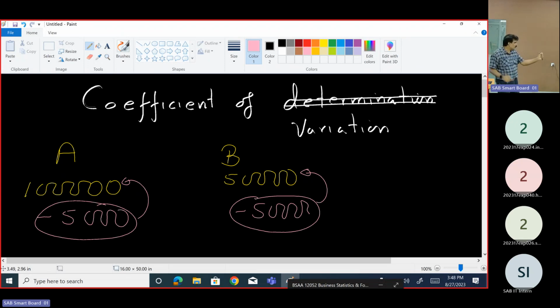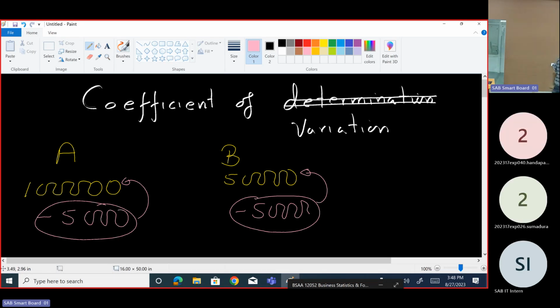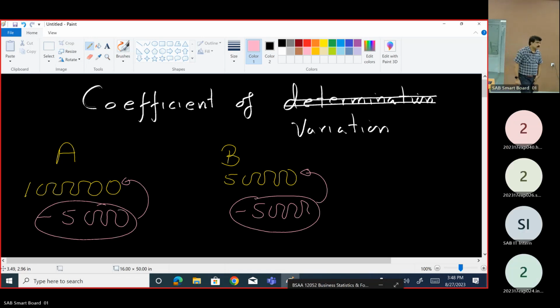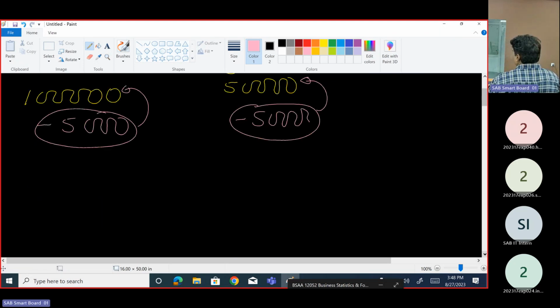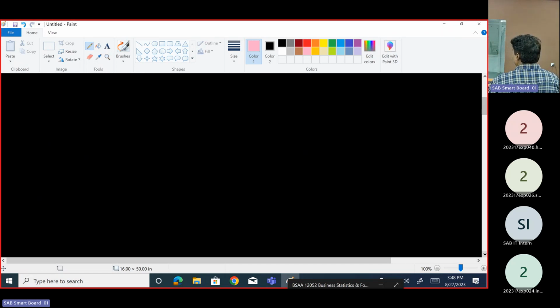Okay, so you have put the heading, now you can take down this bit underneath. If we want to compare the spread or variation, we need to take the mean also into consideration.